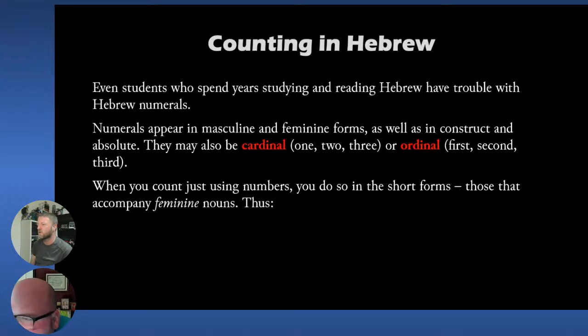So when you count just using numbers, you do so in the short forms, that is, those that accompany feminine nouns. Okay, nouns are feminine and numbers will accompany nouns that are masculine or feminine, but the noun forms and the number forms themselves are not masculine and feminine. And we'll see why.